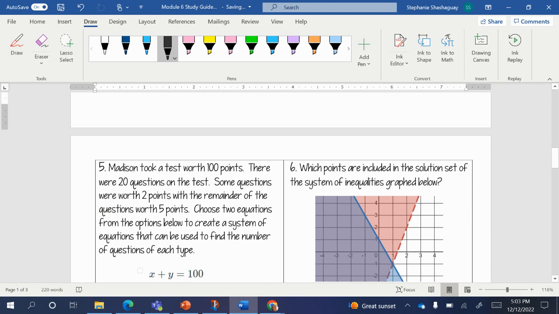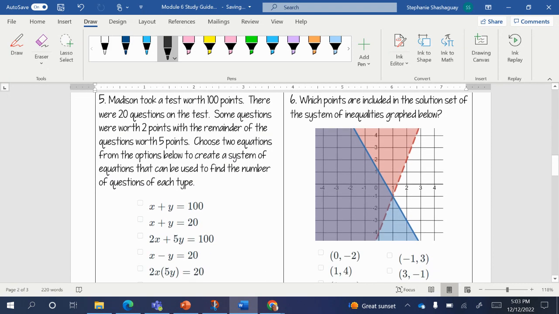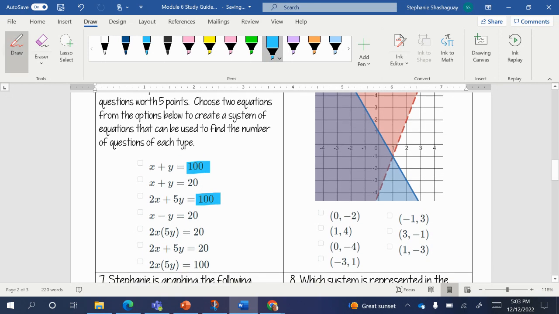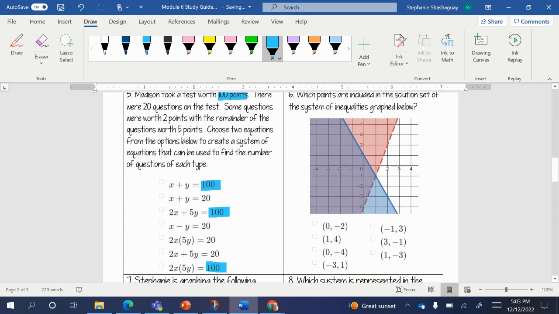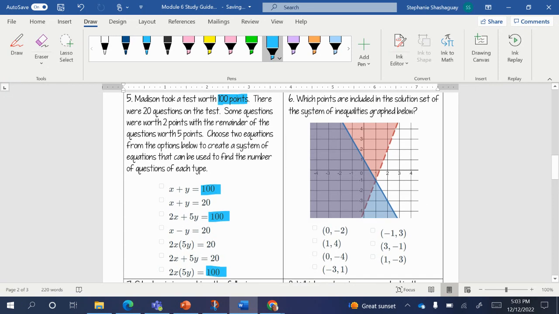All right, moving on to question 5. Madison took a test worth 100 points. So these are the equations that have 100. And they're talking about points. There were 20 questions on the test.